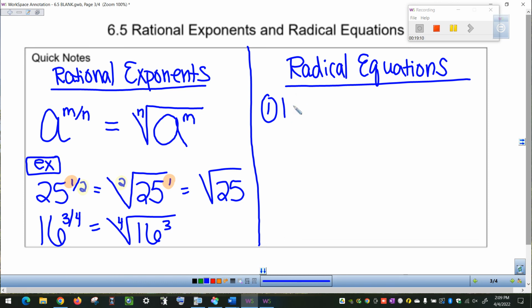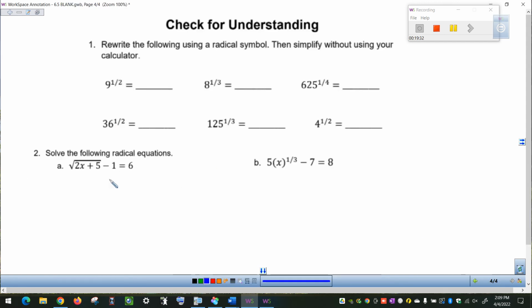Step number 1 is to isolate the radical part. So that means we need to get the radical part by itself. If we take a look at this check for understanding problem, you would have to add 1 to both sides first before you could square both sides.